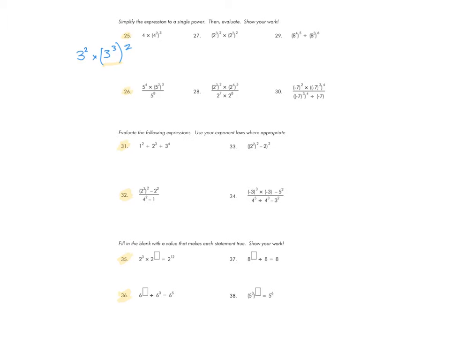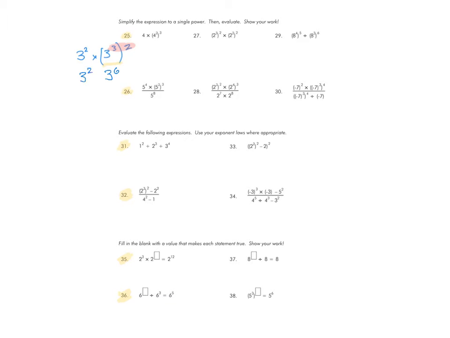And when we look at that, what I'm really saying is we need to use the power of a power to simplify that expression. And when we have a power of a power, we multiply the exponents. So that's going to be 3 to the exponent 6.